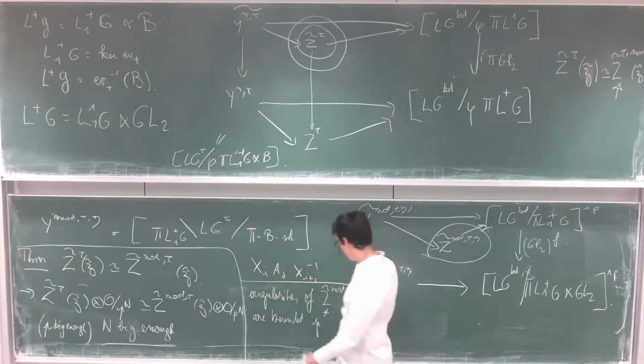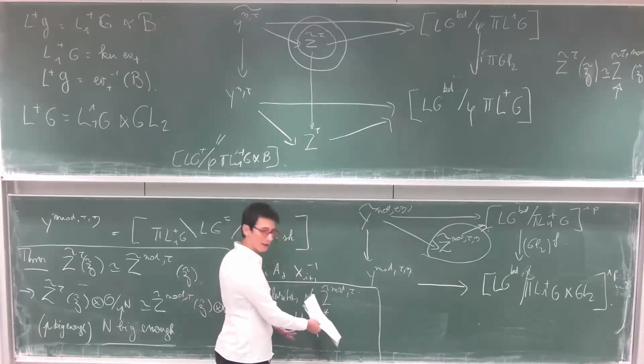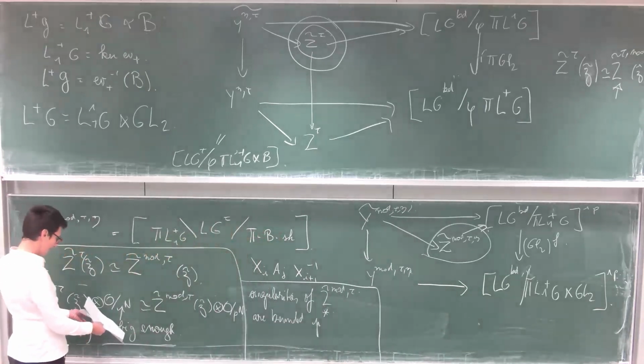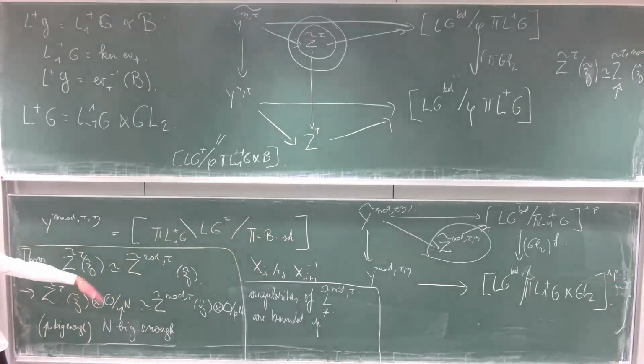Okay, so if you have this result, you know that the primes of the singularity are not too big, and you know that for n big enough, you have this isomorphism. If you have the two of that, you know that it's okay.